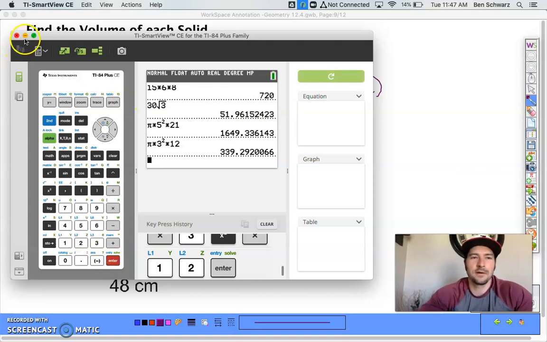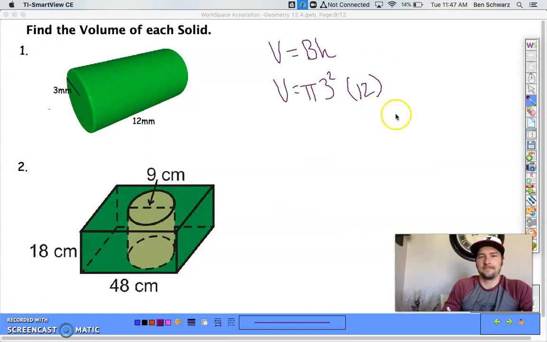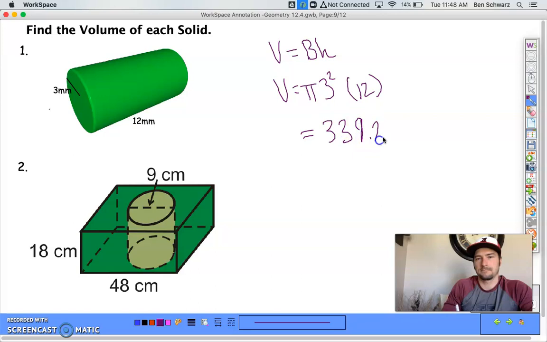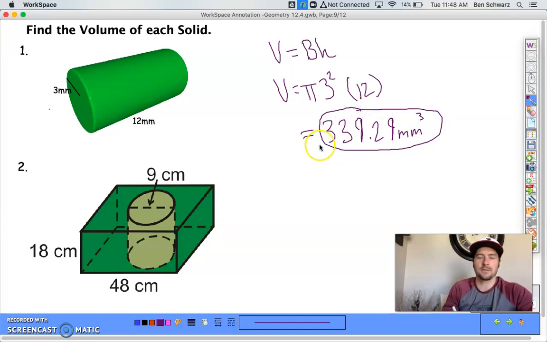And so 339.29 millimeters cubed. Okay, going on to the next problem.